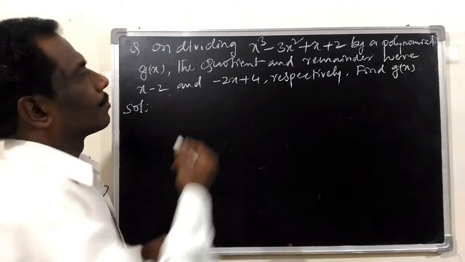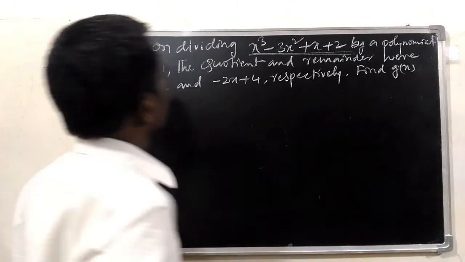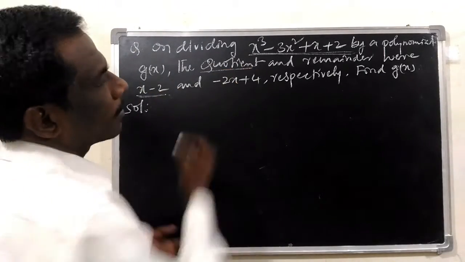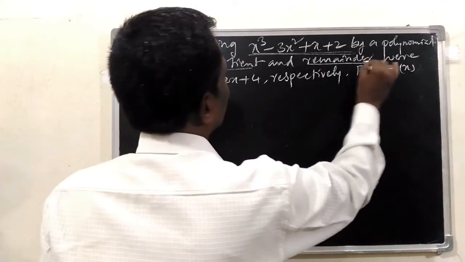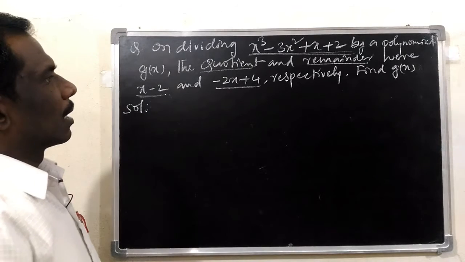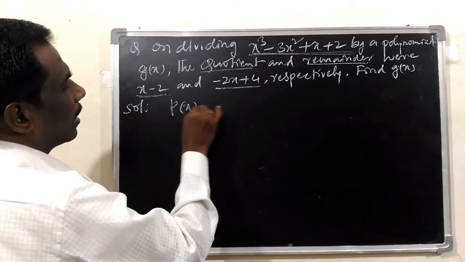In this question, this is the dividend and x minus 2 is the quotient, and the remainder is minus 2x plus 4. Here p of x is the dividend.